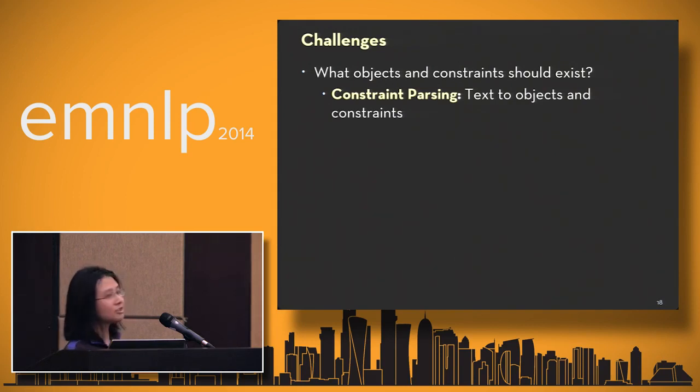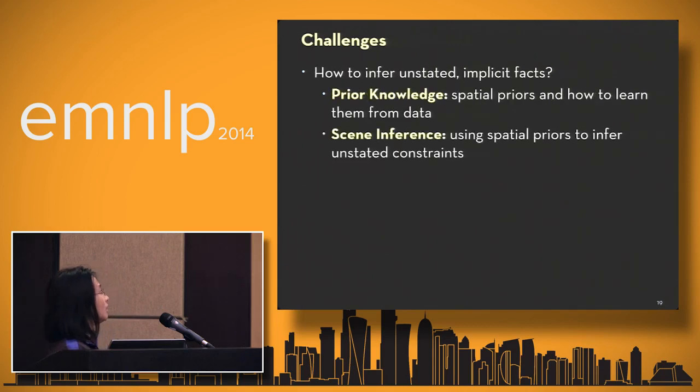To start with the first challenge, we will be treating text as a constraint, and we will do parsing to determine what objects and constraints must exist. And then we will use prior knowledge that we have learned from scenes that we have observed to infer unstated implicit facts.